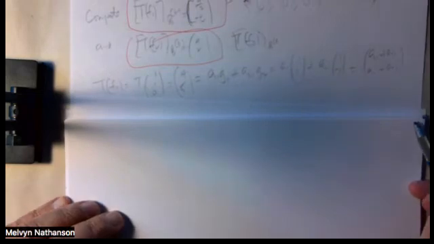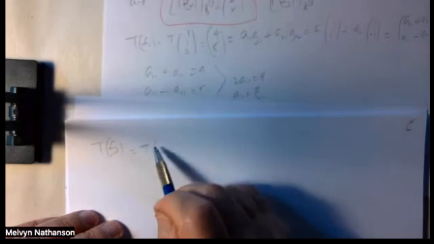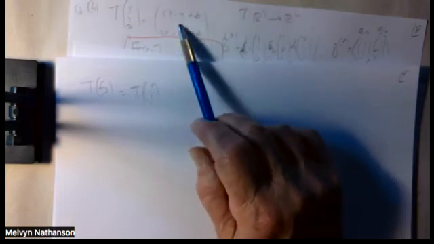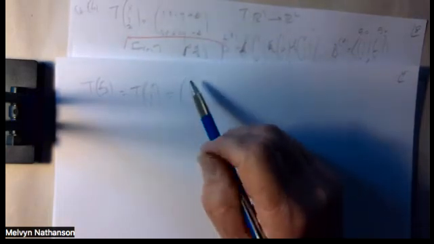All right, so let's do an experiment. What is T of F3? So F3 is the vector 0, 1, 1. This is my linear map. When X is 0 and Y and Z are 1, I get 0, 1.